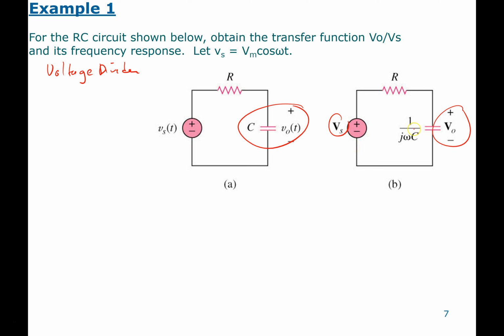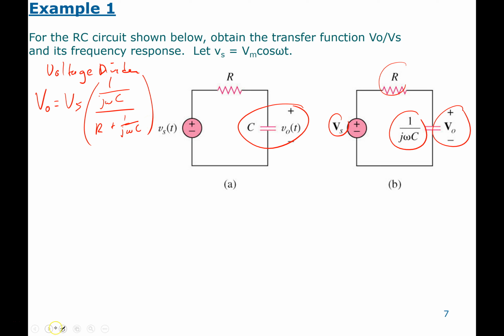The capacitor has an impedance of 1 over j omega C, and you've got this R here, so you just use the voltage divider formula to find VO as VS times the impedance of what you're measuring across, 1 over j omega C, over R plus 1 over j omega C. And you multiply top and bottom by j omega C to get rid of the fractional part.